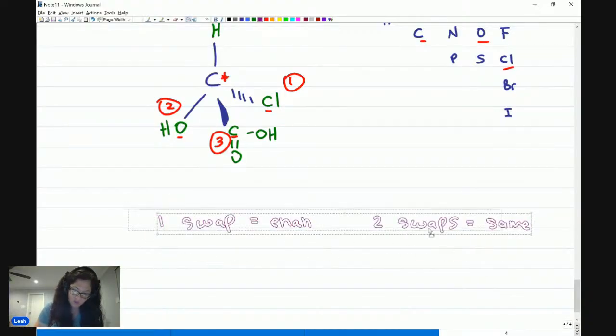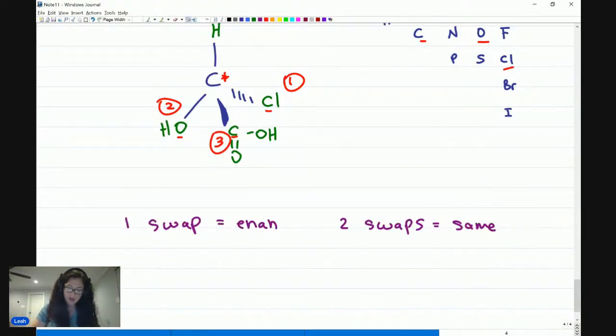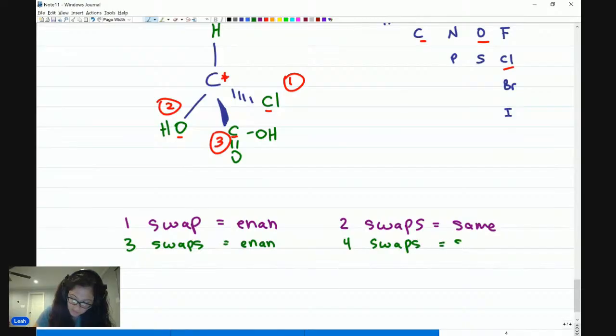I showed this to you on the model kit. Now I'm showing it to you here. If I then do a third swap, what do you think is going to happen? I'm going to wind up once again with the enantiomer of what I started with. If I do 4 swaps, I will wind up with the same thing as what I started with.